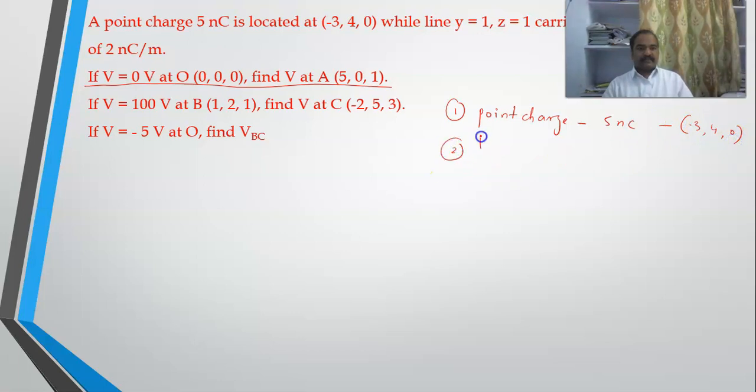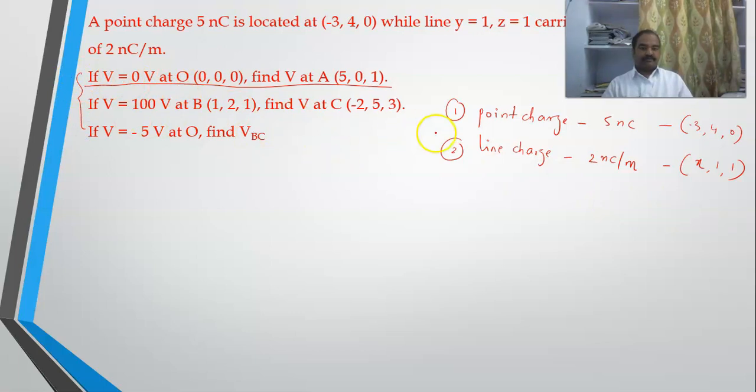Second thing is the line charge. It is having 2 nanocoulomb per meter, and its location is y is 1, z is 1, but the x value will be varying. So because of these two charges, we will try to determine the potential first of all. Then we will try to solve these problems.